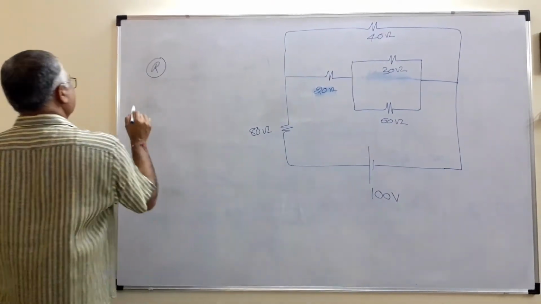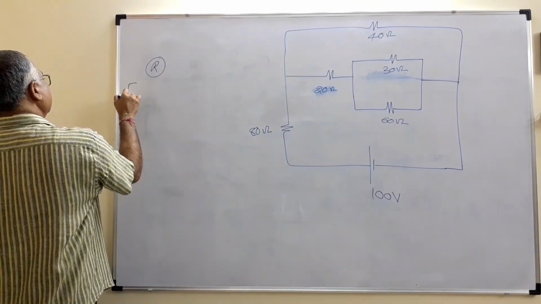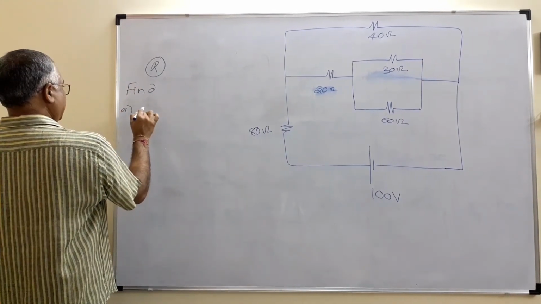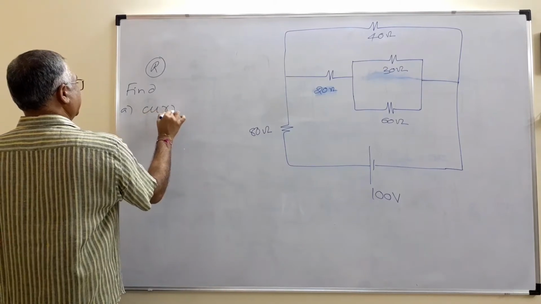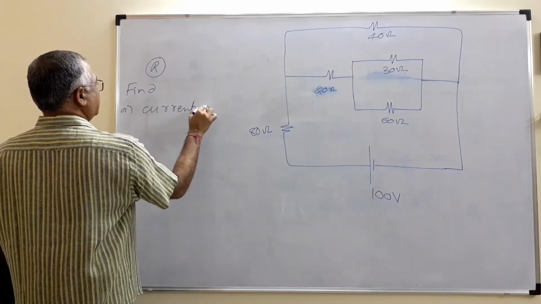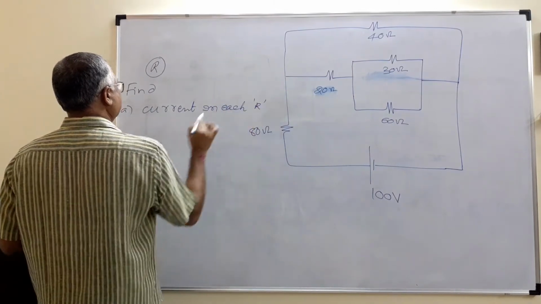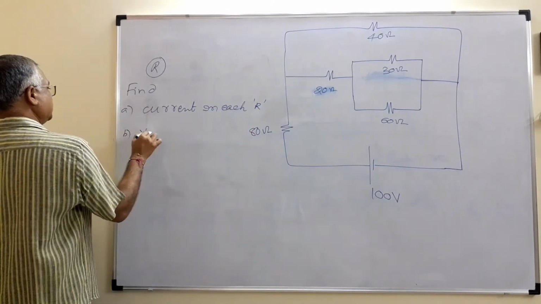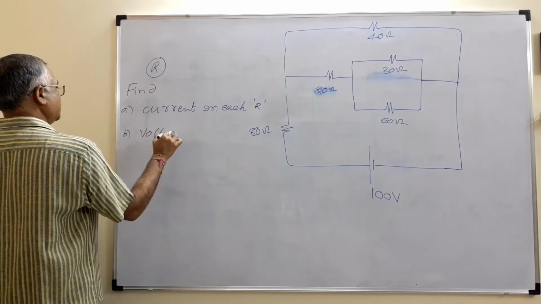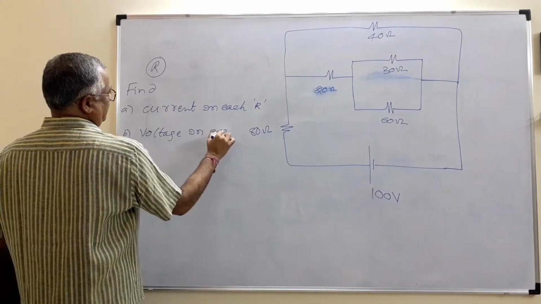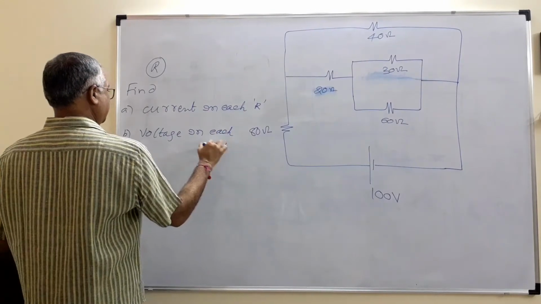So what are the possible questions? A bit: find current in each resistor. B bit: voltage in each resistor.